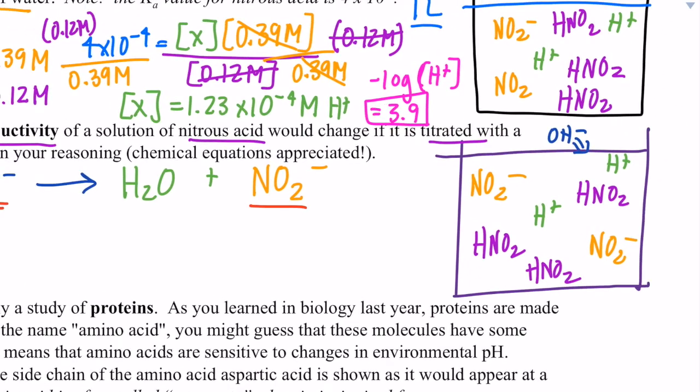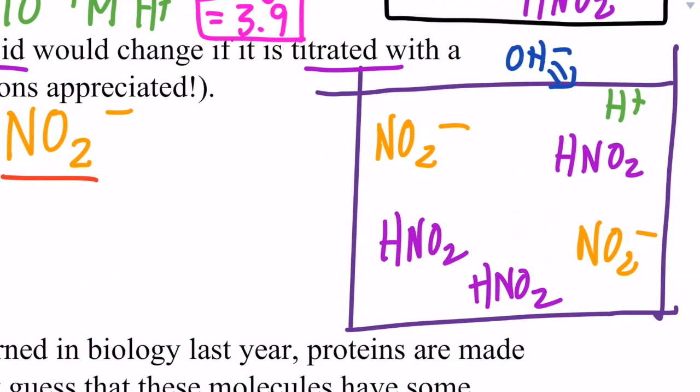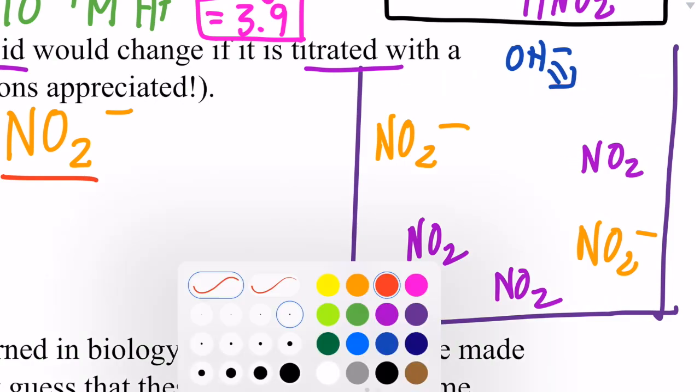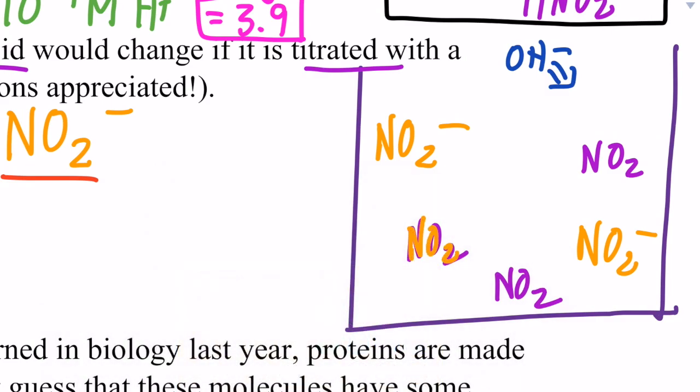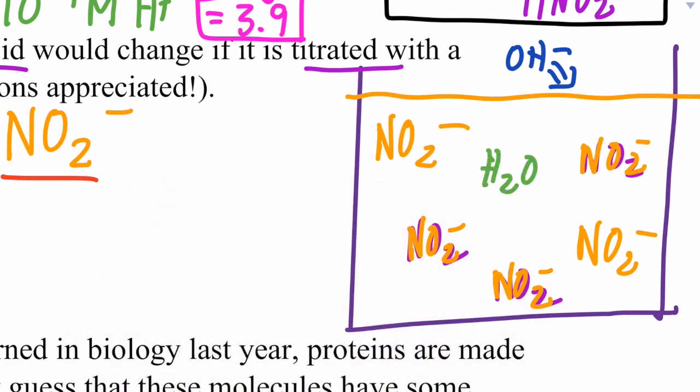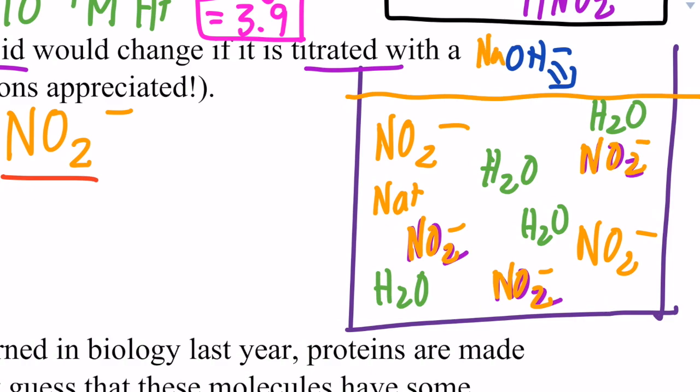So as we add OH minus, we start changing these into water, water, into water. And now our solution is made up of many ions, these NO2 minus ions, and additionally we have sodium ions in solution that came from the salt, NaOH.